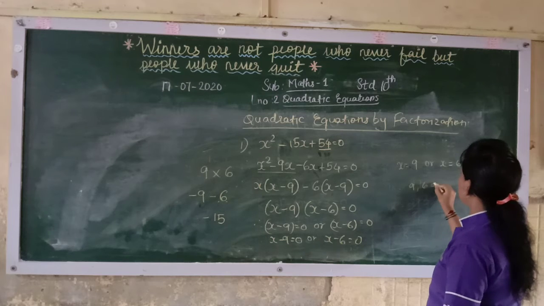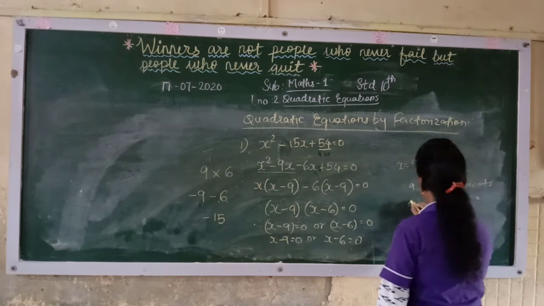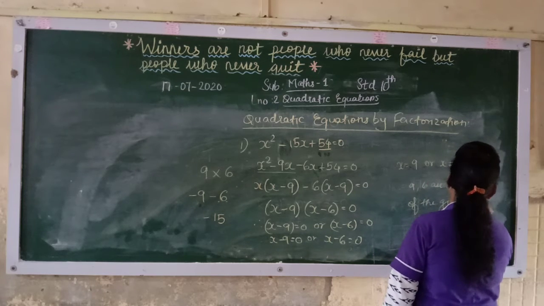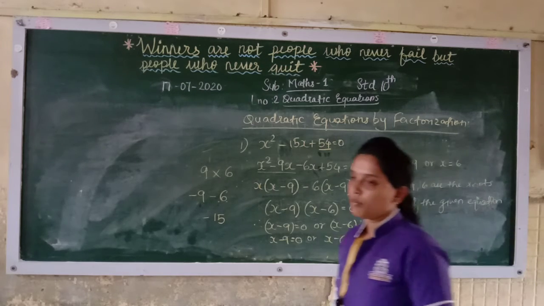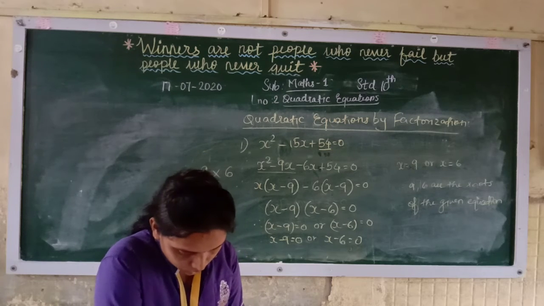Therefore 9 and 6 are the roots of the given equation. So I hope you have understood how you can find the roots of the given equation.